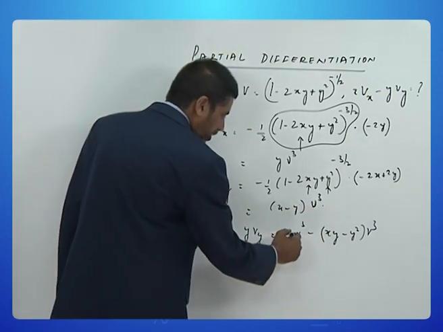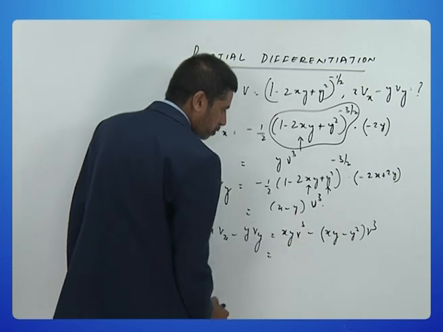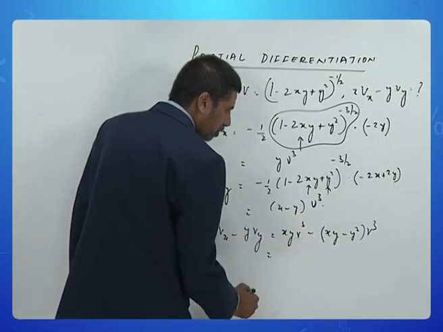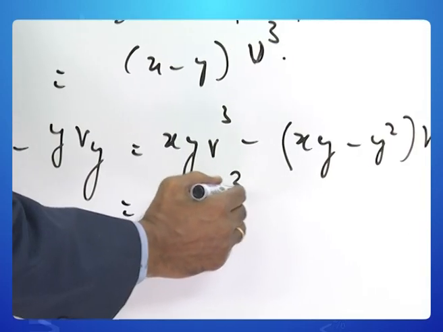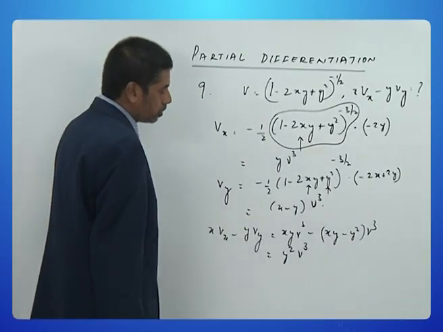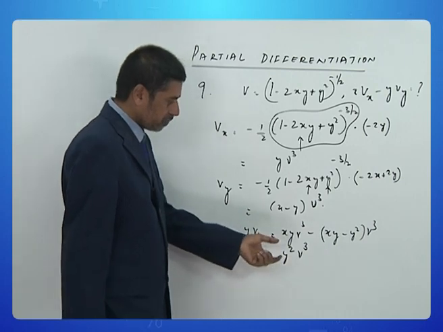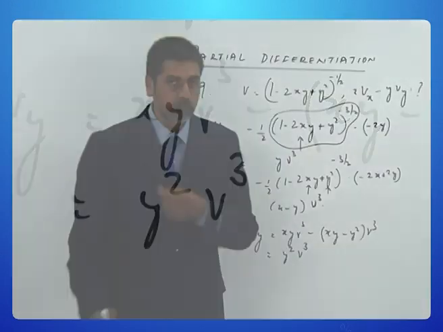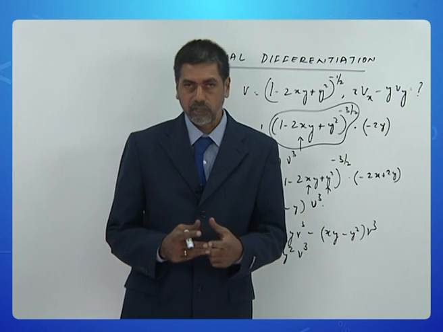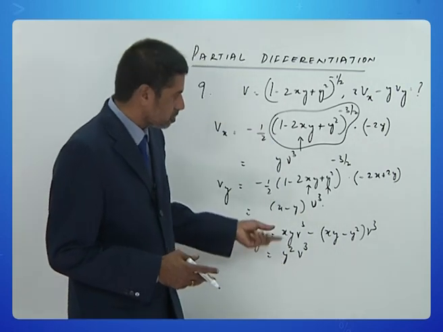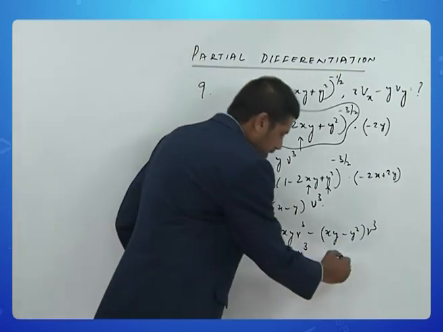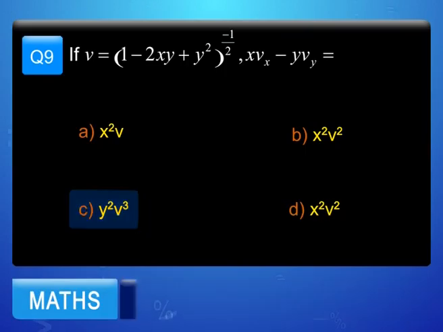So you can find xy v cube minus xy v cube cancelling off, and you are left with y square v cube. So you get a very simple result in terms of v. This is considered a very important result in Legendre polynomial theory, but however the scope of this problem is only this much. The correct answer to this question is C.